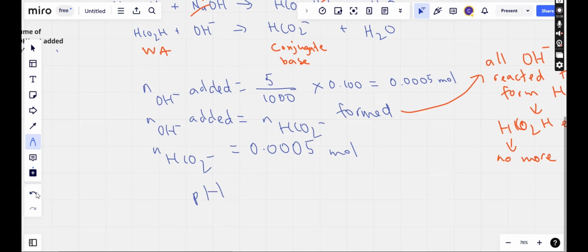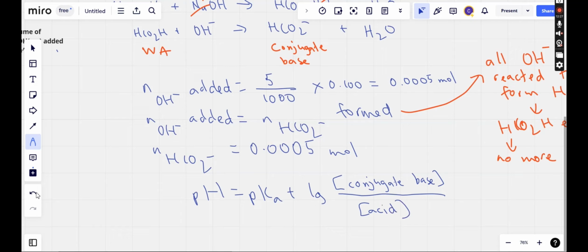So pH is equal to pKa plus log base 10 of the conjugate base over the acid.